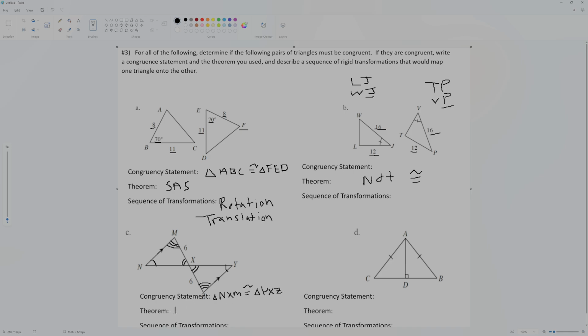You could use either angle, angle, side, or angle side angle, depending on which sides or angles you marked congruent. And the sequence of transformations here would be rotate, or just a rotation. It really would just need to rotate. I believe it would rotate 180 degrees.